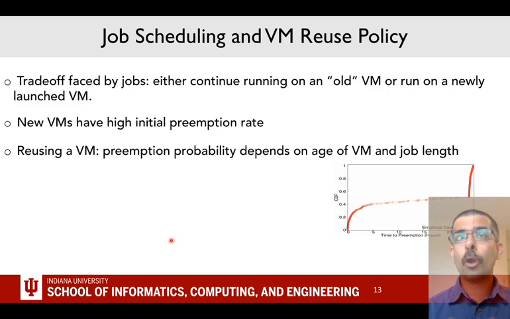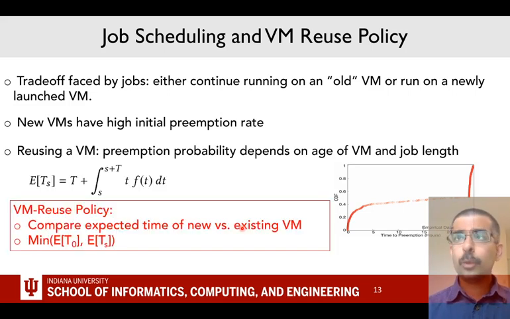But if the job is long, then it has a risk of encountering the high preemption rate towards the end of the VM's life. So what we do is we compute the expected running time of the job, assuming that it encounters one failure. So capital T is the running time of the job without failures, and we compute the increase in running time as per this equation.